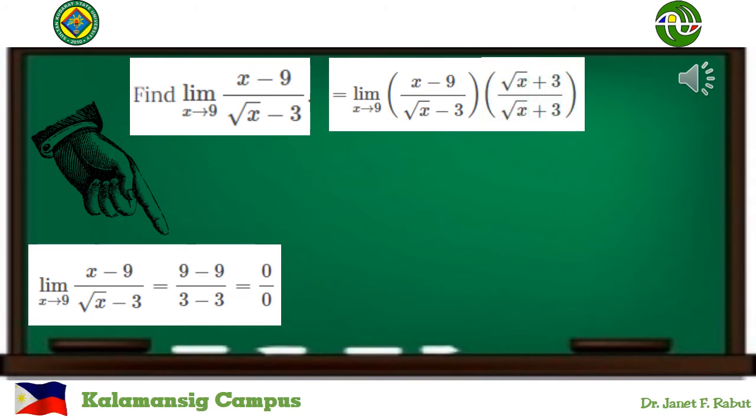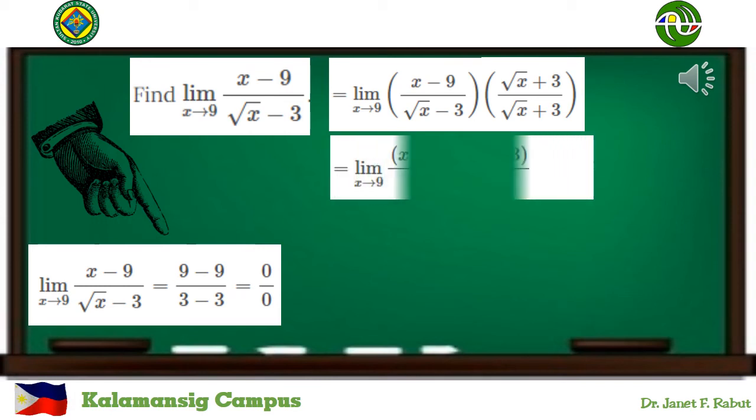Then we get the product of the numerators divided by the product of denominators. So here, we get quantity x minus 9 times the quantity of square root of x plus 3. When we use FOIL method to get the product of our denominators, we will end up with x minus 9.